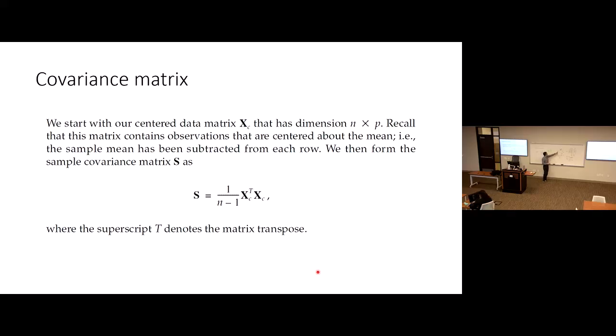Remember the dimension of this D matrix is n by n. The Gram matrix is the same, n by n, same dimension. So here we have n samples, or n data.